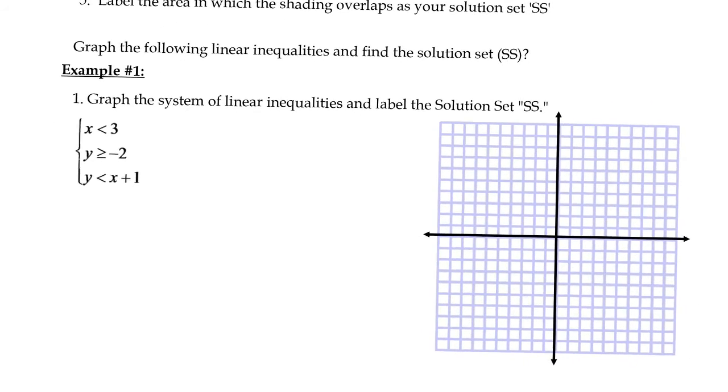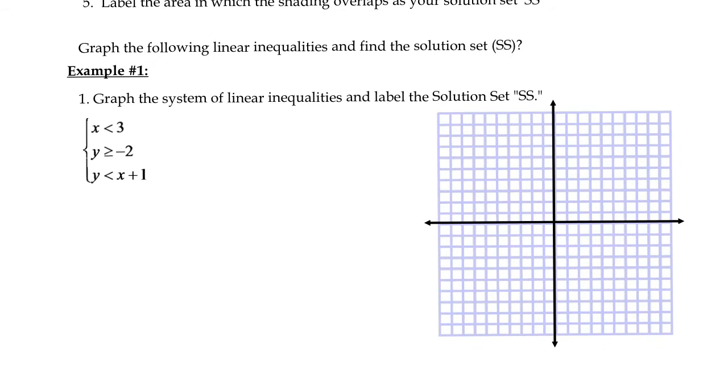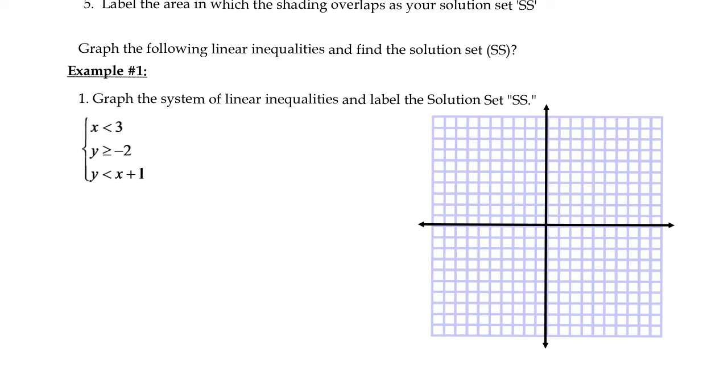So the first example I have for you: graph the system of linear inequalities and label the solution set as SS. If you look at question number 1, we have 3 inequalities for you.